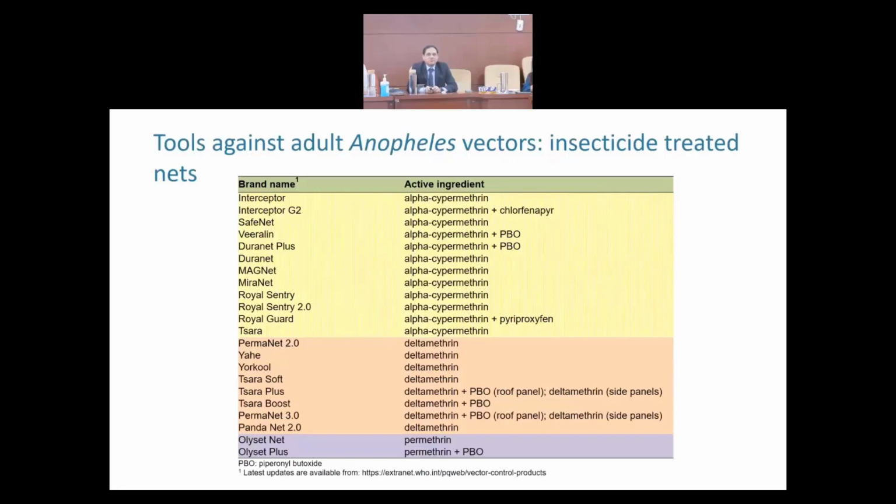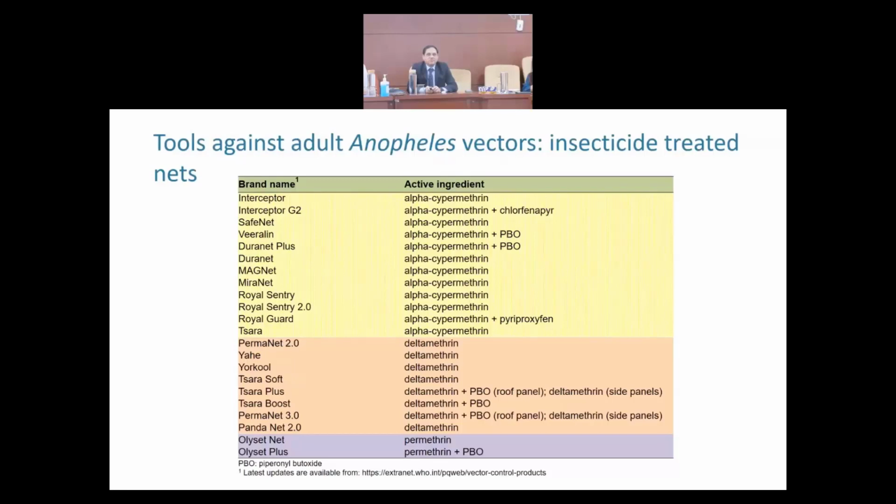Now in the first pathway, where epidemiological impact has already been shown, there are several products that WHO has already pre-qualified, and these include insecticide treated nets, of different types with different insecticides in them.